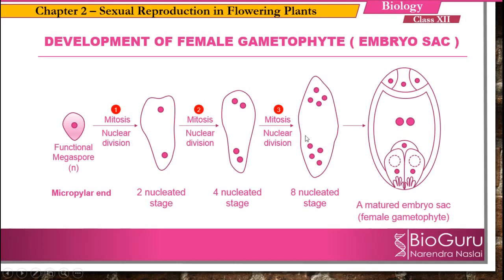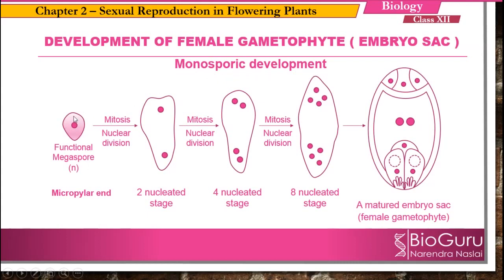Now this development is called monosporic development. What is this monosporic development? The development of a mature embryo sac from a single functional megaspore. I repeat, development of a mature embryo sac from a single functional megaspore is called monosporic development.